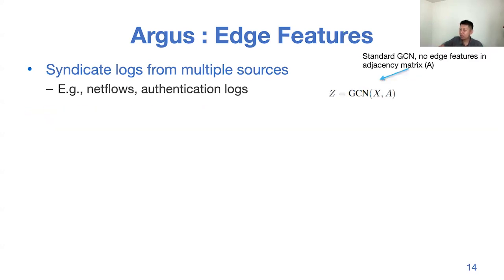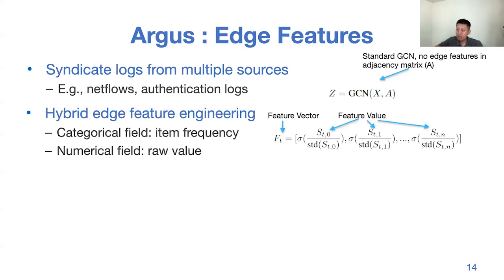So what we do is first run an edge feature engineering procedure, and divide the features into different types, like categorical features and numerical features, and we model the categorical features by their item frequency. So in the end, we're able to get numerical values from the categorical features.